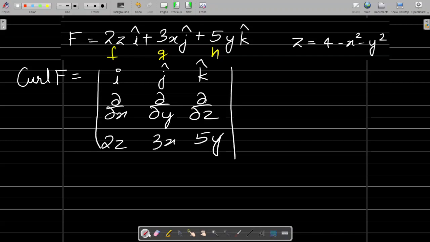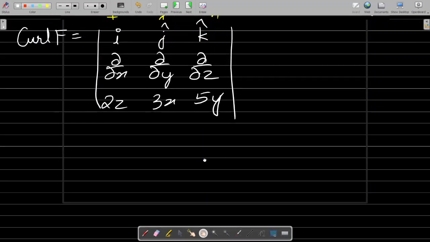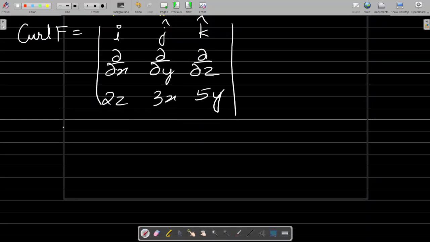So curl F is equal to i into dou by dou y of 5y minus dou by dou z of 3x.